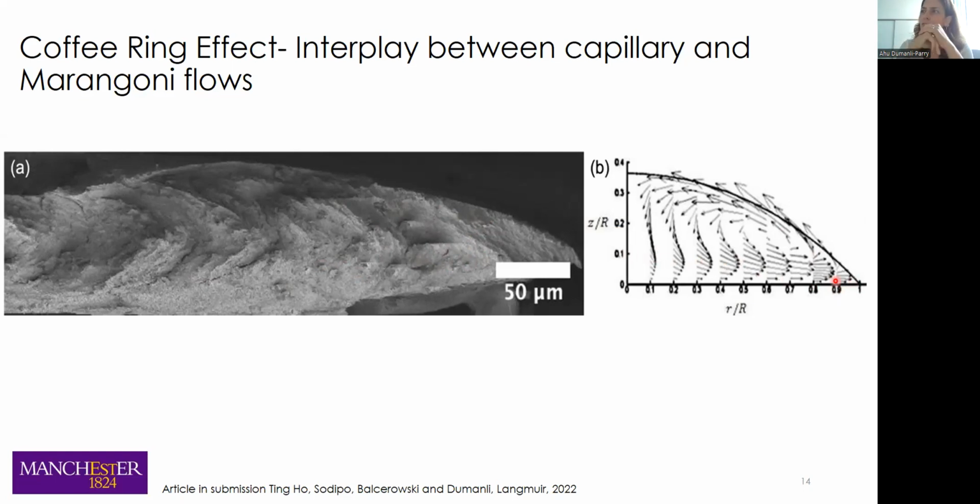And another thing that we also observed here is that the more we increase the suspension concentration to begin with, there's also a correlation on how much folding we are getting as well.